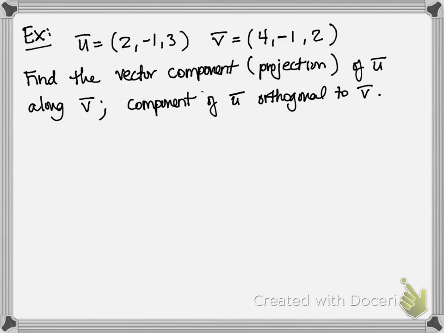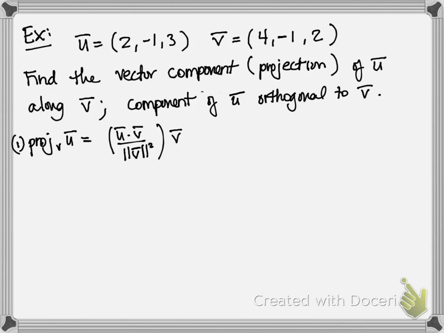Okay. So two things. So the vector component of U along V, we're going to just need the dot product of U and V, and we're also going to need the norm of V squared. Okay, so the first thing is I'll just remind you of the formula. The vector projection of U along V is U dot V over norm V squared, and I multiply that by V. Okay, so first I'm just going to get the dot product.